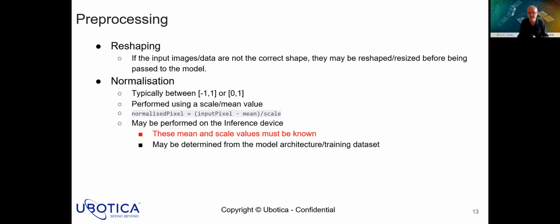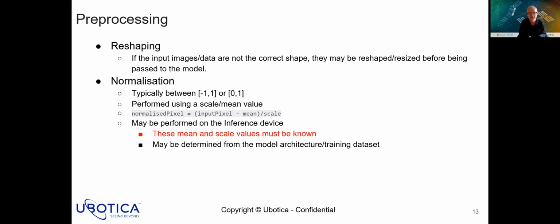The tiler helps with that, tiling it down to the 256 by 256, or the 320 by 240 image size as required, before you pass it to inference. Typically, there's then a normalization step where you will normalize your pixel values to between -1 and +1, or between 0 and 1, and possibly also do that using a mean and scale process.